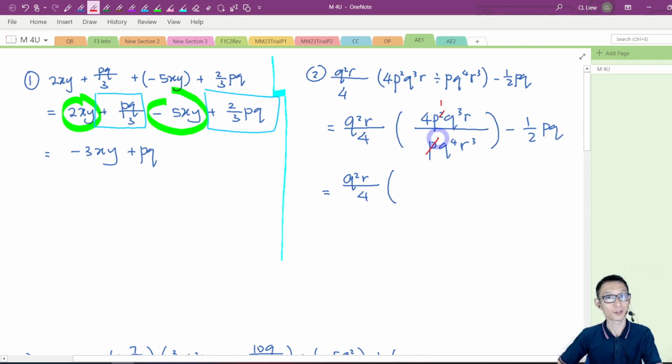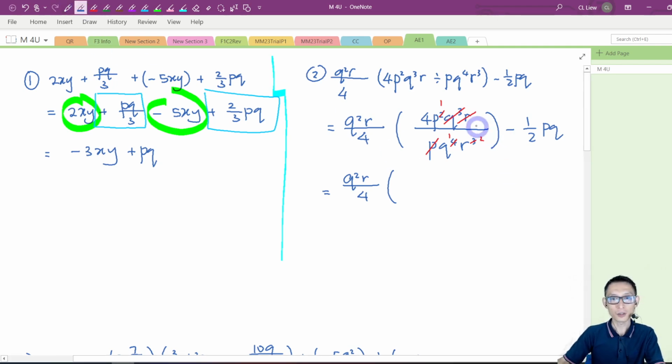2 minus 1 equals 1. So this is q power 3, this is q power 4. This has the lower power, cut this whole thing, and 4 minus 3, you will get 1. Now this is r power 1, this is r power 3, cut the one with the lower power. So 3 minus 1, you will get 2.